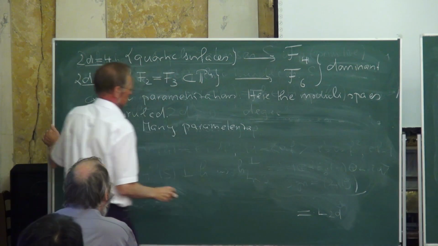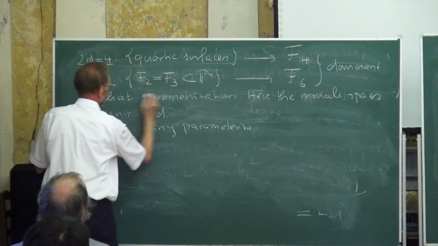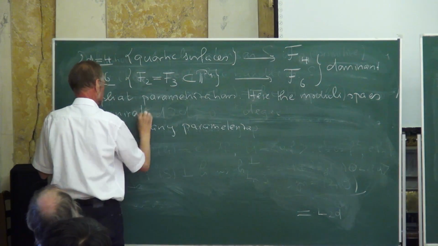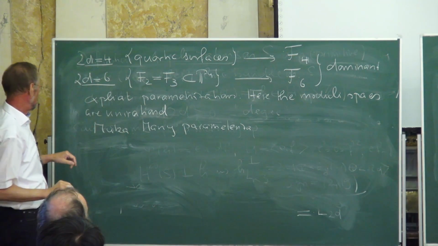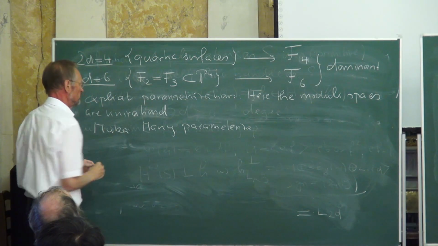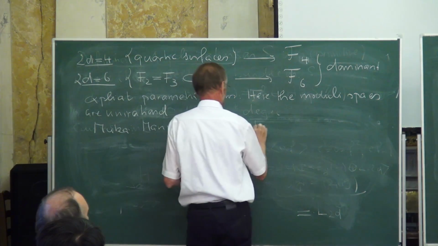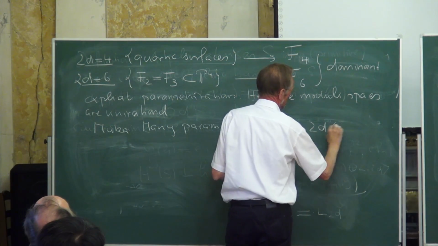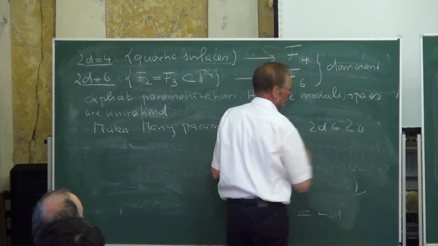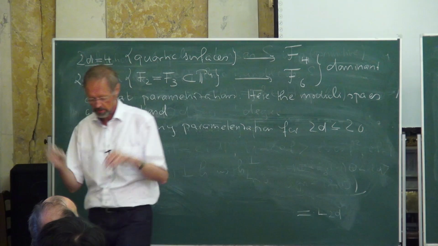Unirational here. Yes, I mean, well, uniruled is also true, but unirational is better. Mukai produced many parameterizations for degrees something up to 20, roughly speaking.